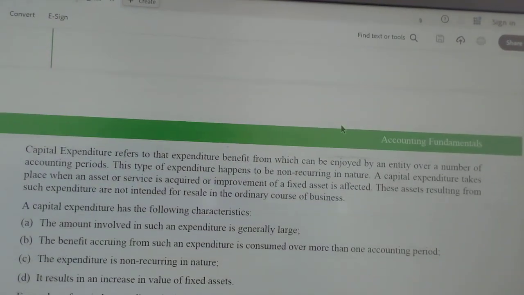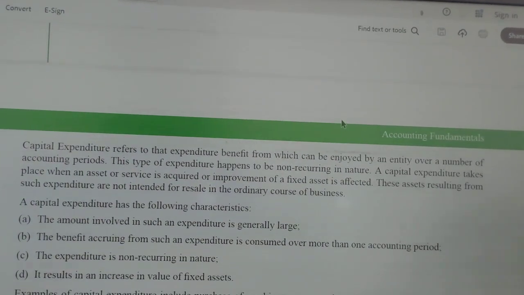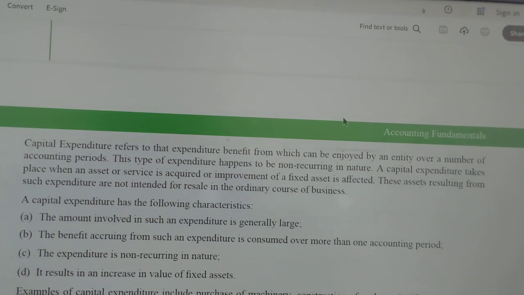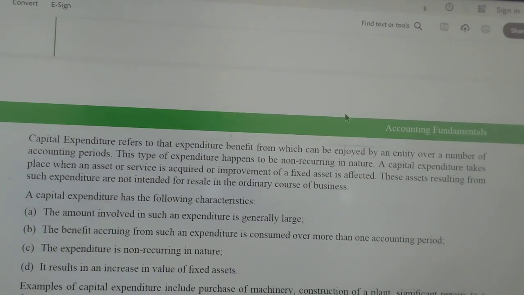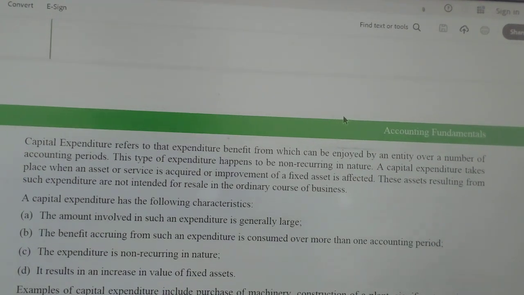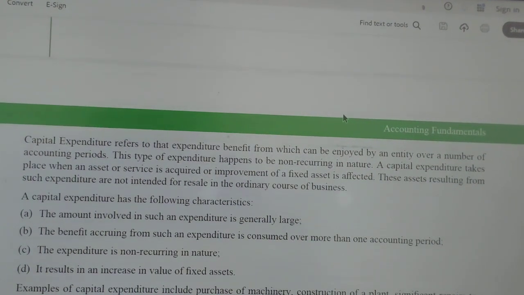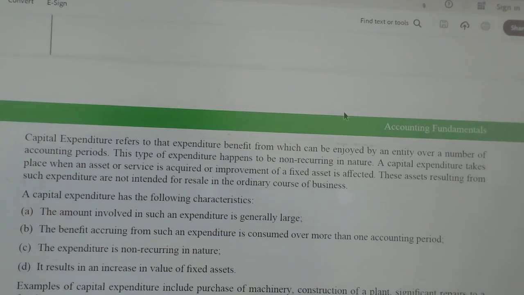Let's first discuss what capital expenditure is. In layman's language, capital expenditure is the expense incurred for acquiring any asset, or a transaction from which we derive benefit for more than one financial year.